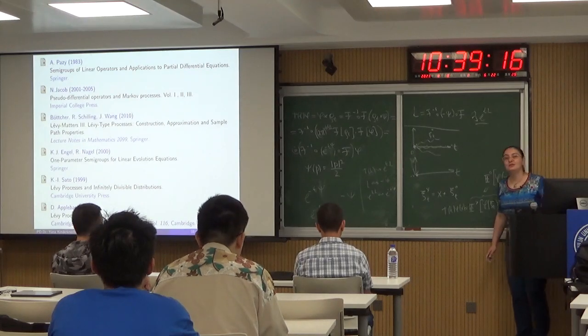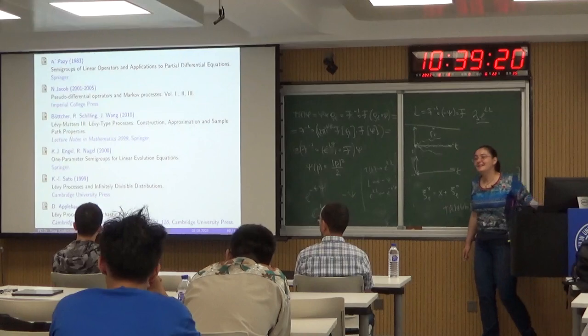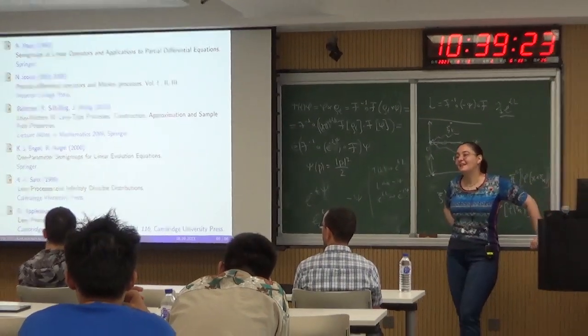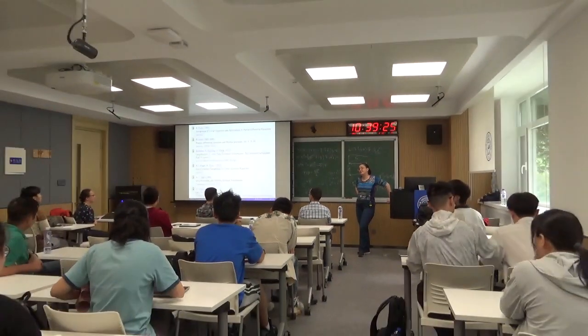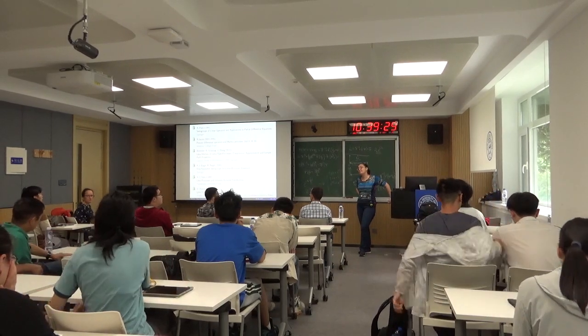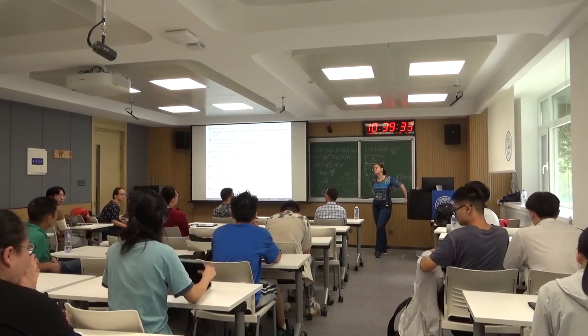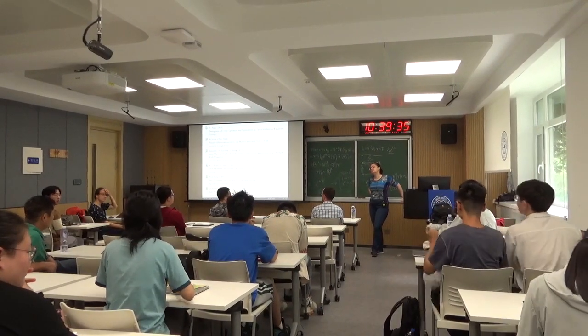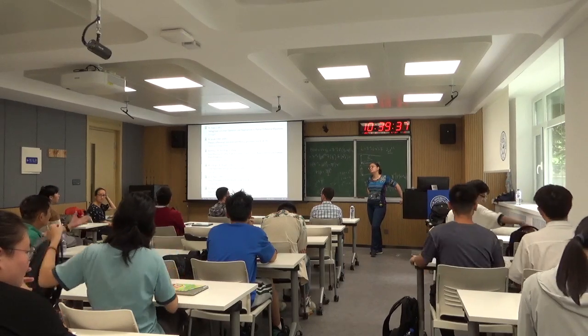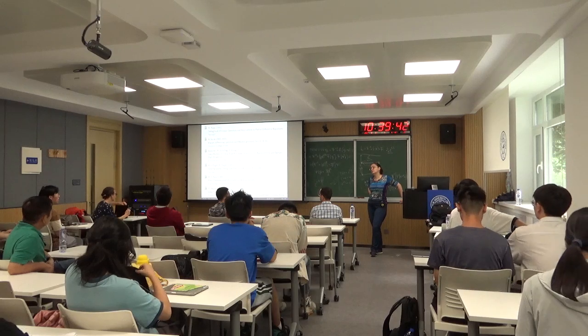Are there any questions? Yes. Obviously the Feller semigroup is a very important subject. But on the other hand, in most practical situations, normally the semigroup is given by a Markovian or sub-Markovian kernel.